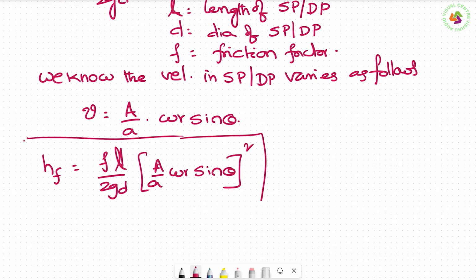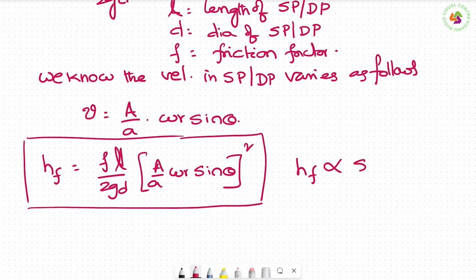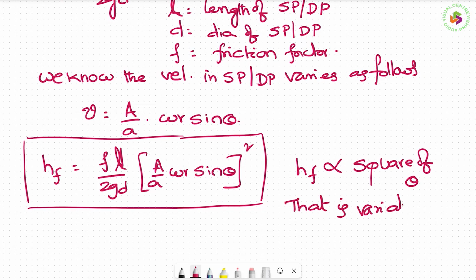So this is the equation for the friction loss. If I observe here, hf is proportional to the square of sine theta. That is, the variation is parabolic.